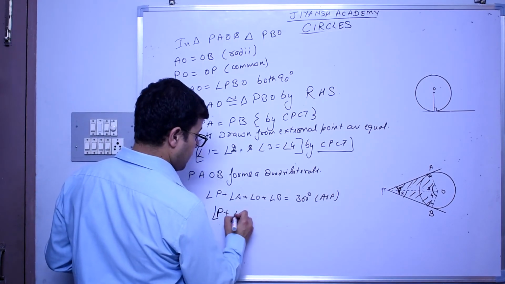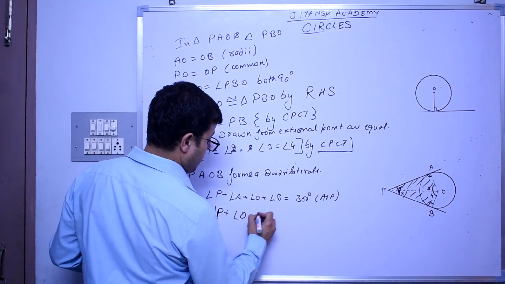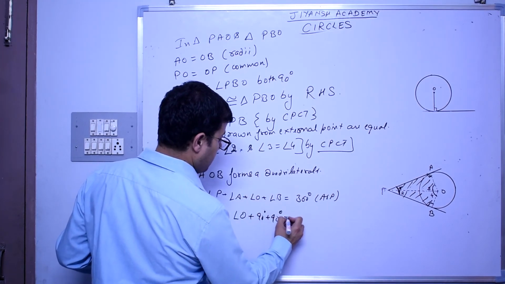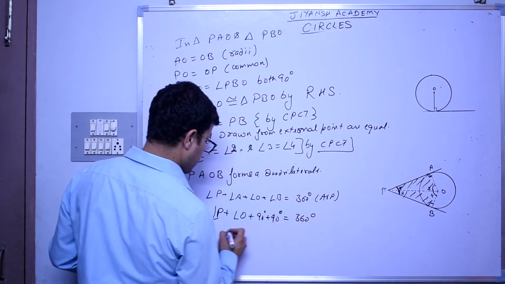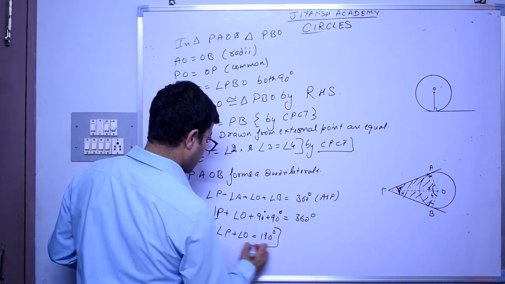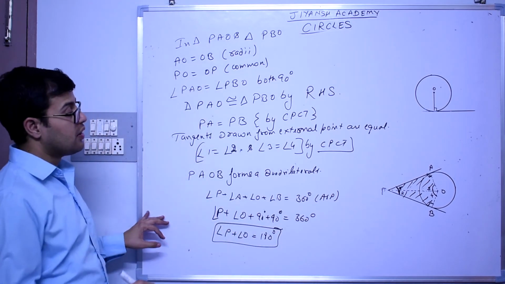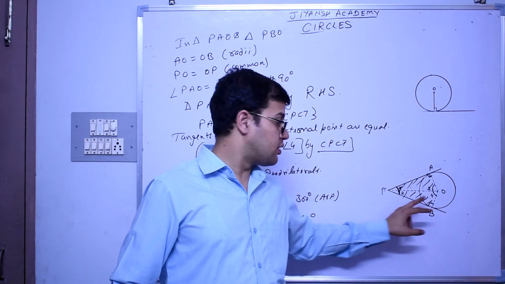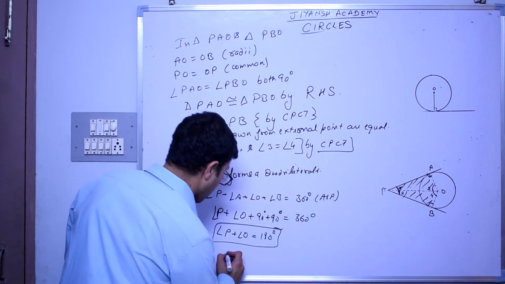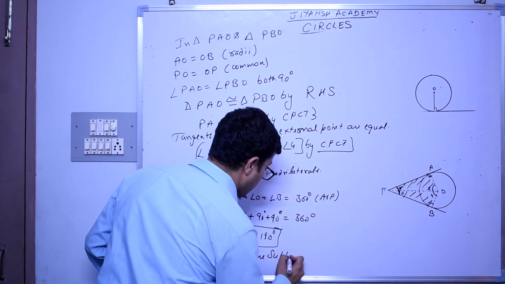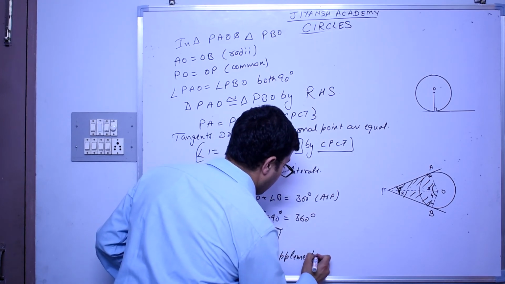So angle P plus angle O plus 90 plus 90 is 360 degrees. Now angle P plus angle O becomes 180 degrees. So hence, last thing, the angles subtended by the tangents and by the center are supplementary. So angle O and angle P are supplementary angles.